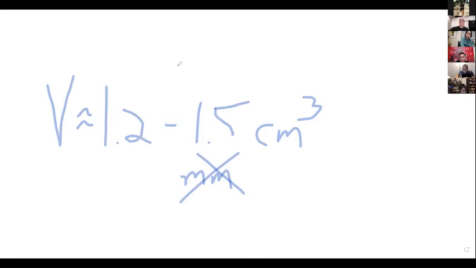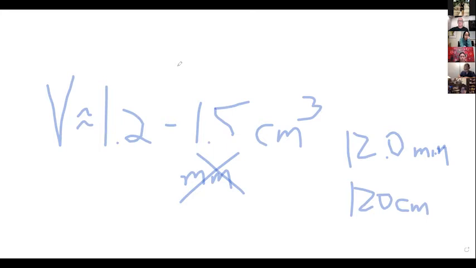So if you measure something at 12.0 millimeters, how many centimeters is that? 120. 120 centimeters? Hmm. Which one's bigger, centimeters or millimeters? Centimeters, sorry.